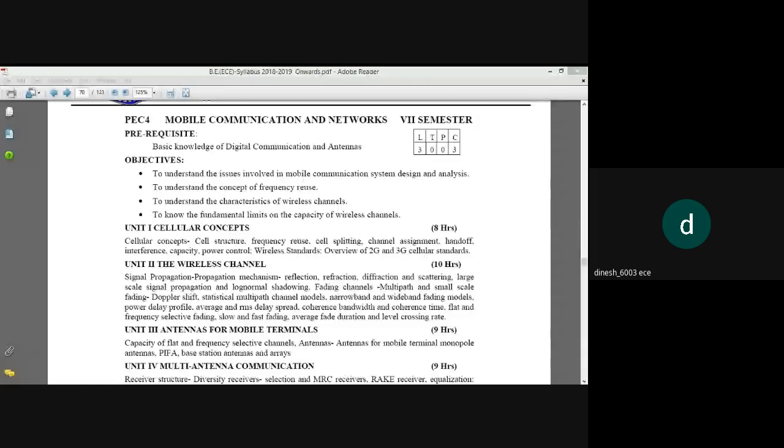So you don't worry. During the sessions of unit 3 and 4, I will cover all the basics of antenna concepts, such that you will be able to confidently say that you have learned mobile communication networks in depth. Okay, thank you for your feedback. So basic knowledge about digital communication and antennas plays a vital role.